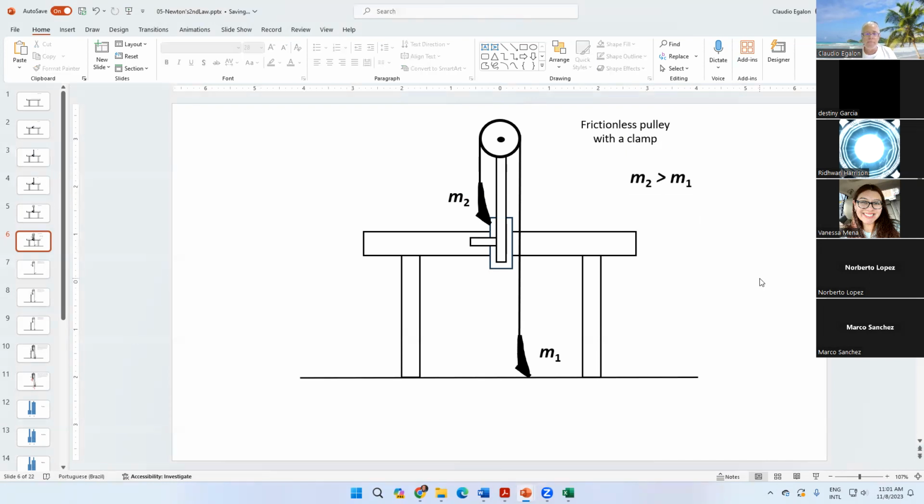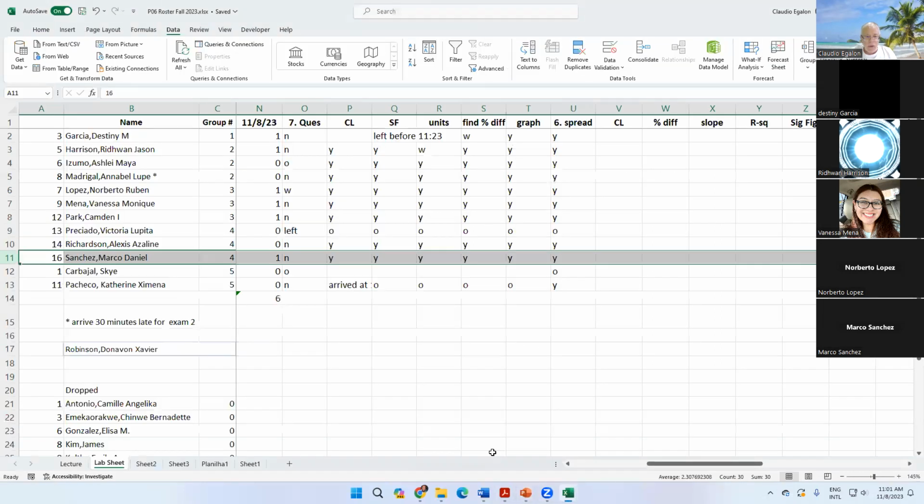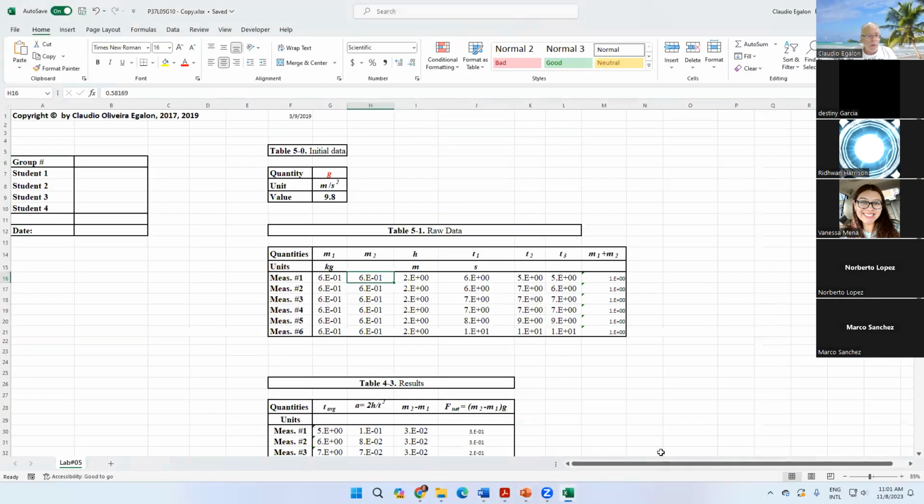Next. So we start with a net mass of 552 in the M1 mass, 581 in the M2 mass.